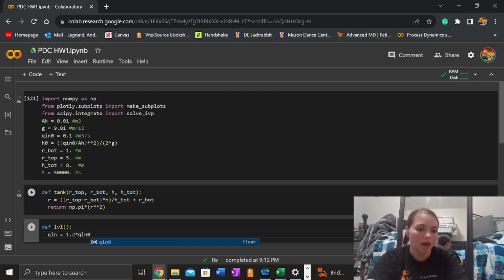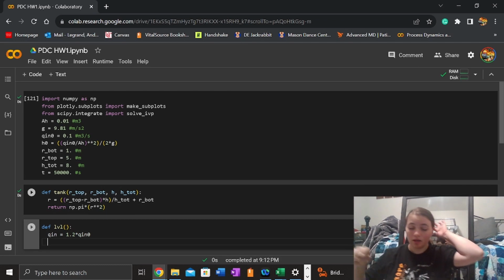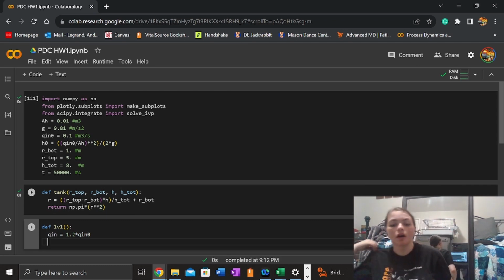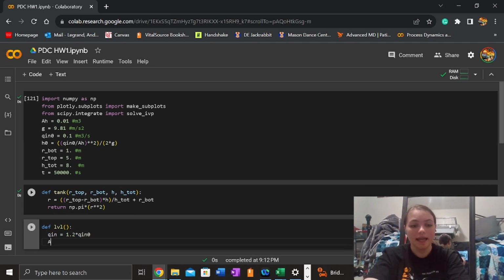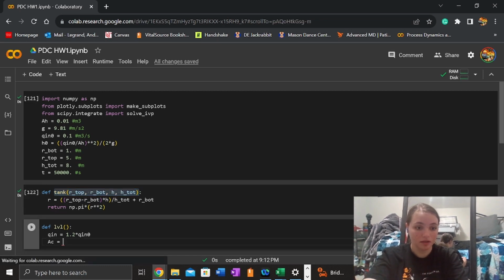All right, and then, shift enter. Thank you. All right, so now we're going to put in our AC. So our AC is going to be, basically, we're going to run this formula that we just made.